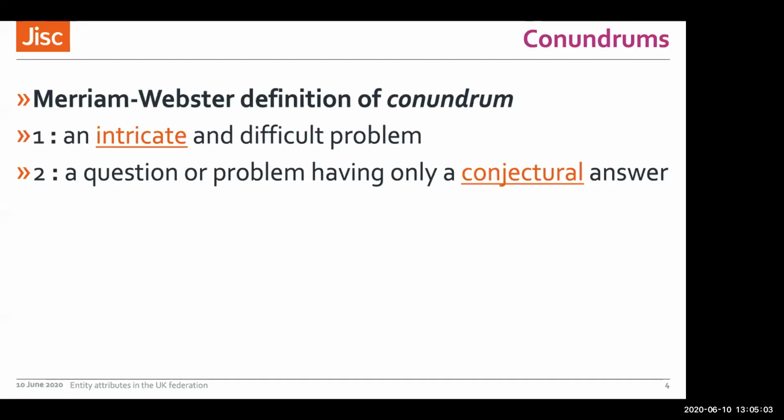Oh, and after those more complex entity attributes, I thought I'd put a couple of problems up. As I was finalising this talk, I thought, well, maybe there are some conundrums. Then I looked up whether that's the right word and found that a conundrum is both an intricate and difficult problem, and also a question or problem having only a conjectural answer.